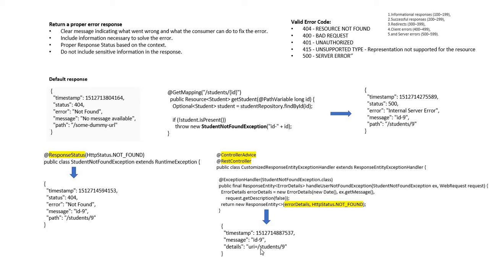When the client receives it, I'm sending only the valid things, like the message ID and the details, not all the junk which they can see by default.